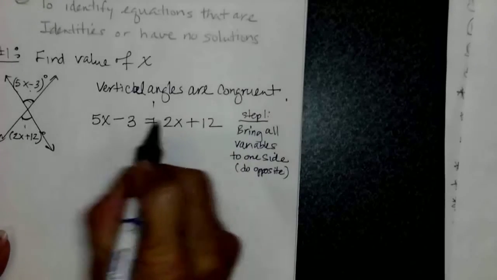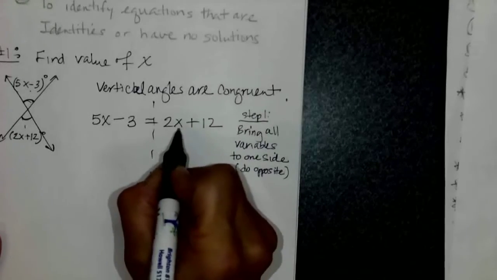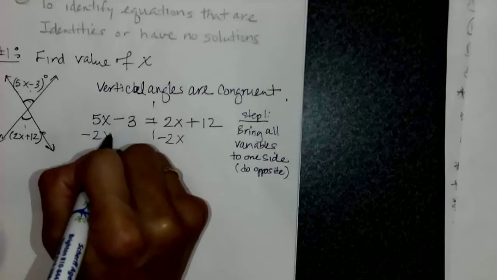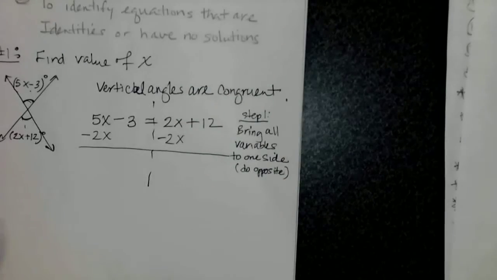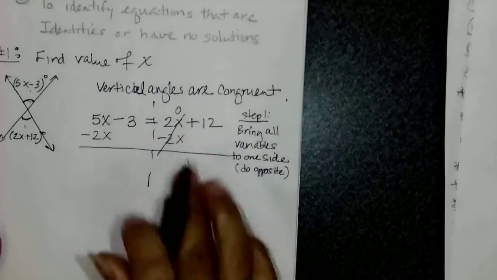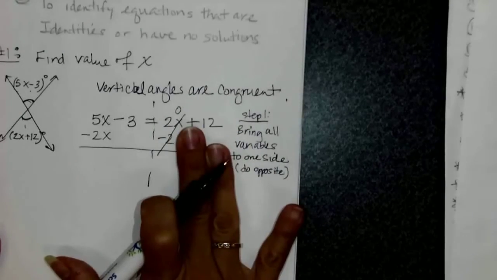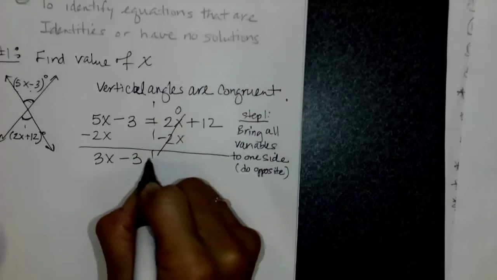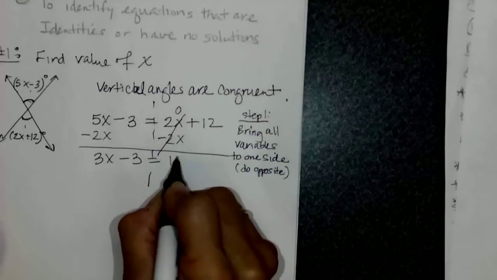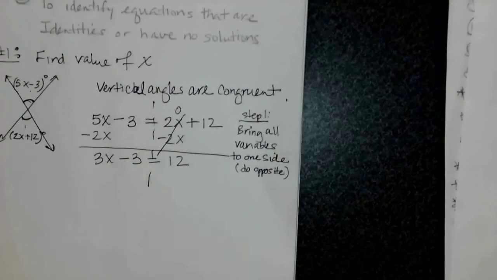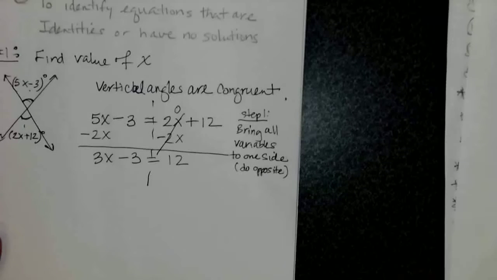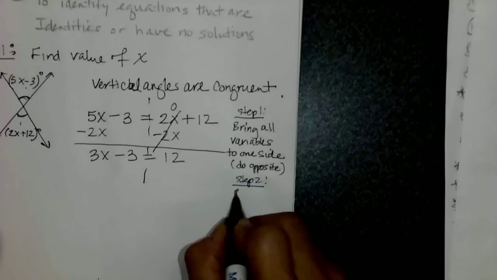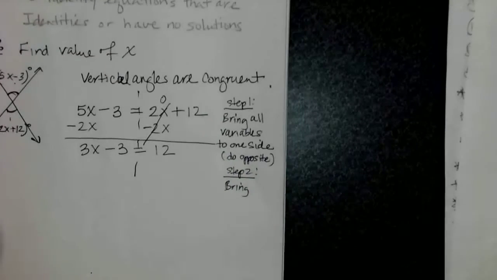So to bring this over, you do the opposite of positive 2x, so minus 2x. This makes it 0. Now it's gone from this side. So this side would be 3x minus 3 is equal to 0 plus 12, which is 12. Now all the variables are on one side. Then step 2 is to bring all numbers to the opposite side.